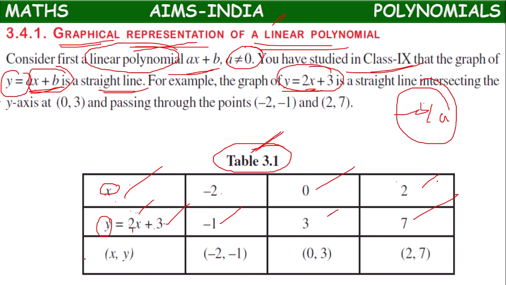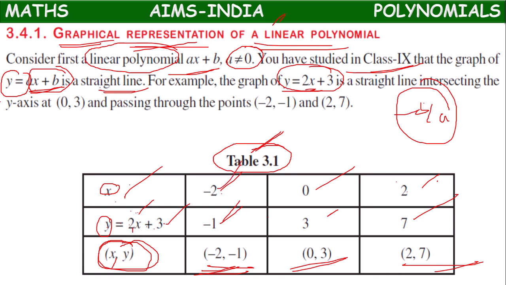What are the coordinates of x comma y? Because for drawing the graph, we need the coordinates of x and y. When we have taken x as minus 2, y is minus 1, so minus 2, minus 1 is one coordinate. 0 comma 3 is the second coordinate. 2 comma 7 is the third coordinate.